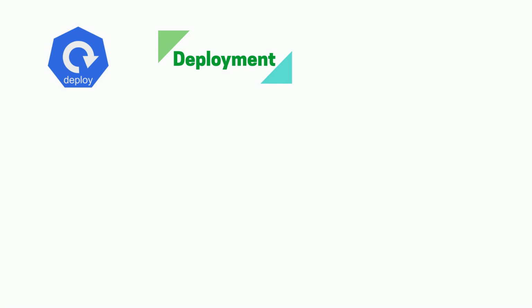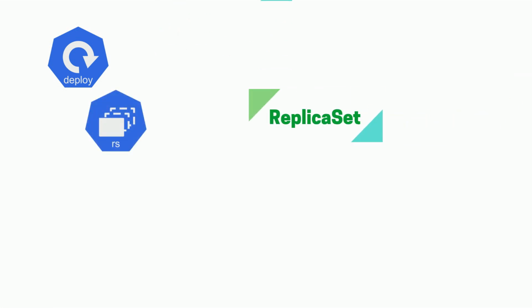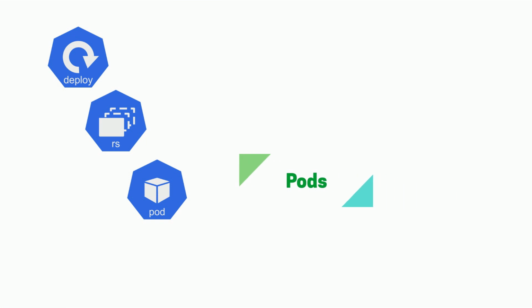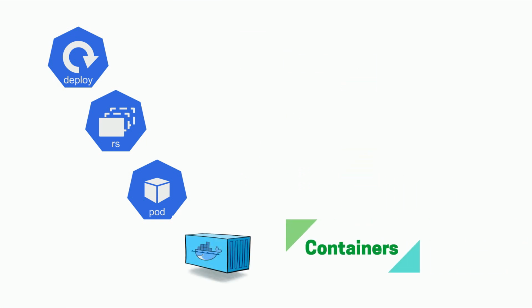We can remember all this process as: deployment manages a replica set, which manages a pod, and a pod is an abstraction of a container. And all this is managed by Kubernetes through the control plane management components.